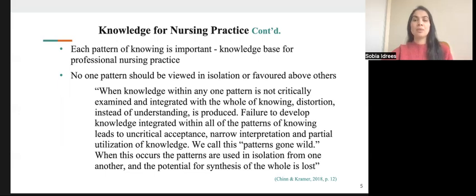This will lead to partial utilization of knowledge that will ultimately affect nursing practice, and definitely will also compromise the synthesis of knowledge required for nursing practice. So that was the important critique of Carper's patterns of knowing by Chinn and Kramer.